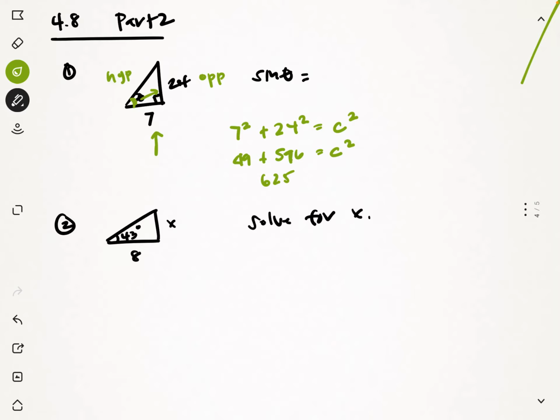When we add those two up, we get 625. Which is nice because when we take the square root of 625, then c is 25. So our sine would be our opposite, which is 24, over our hypotenuse, which is 25. We just found that, and then we're done.